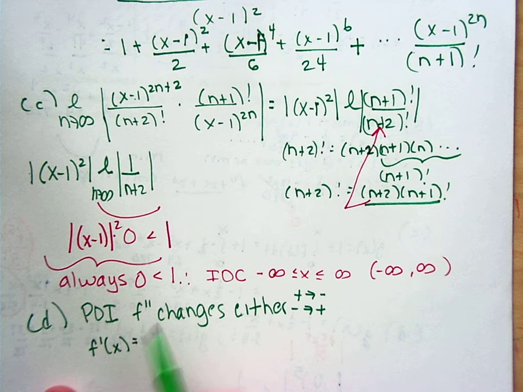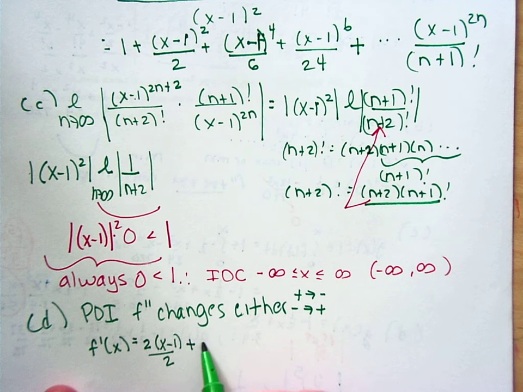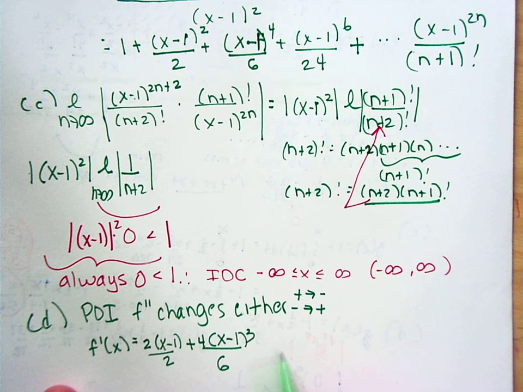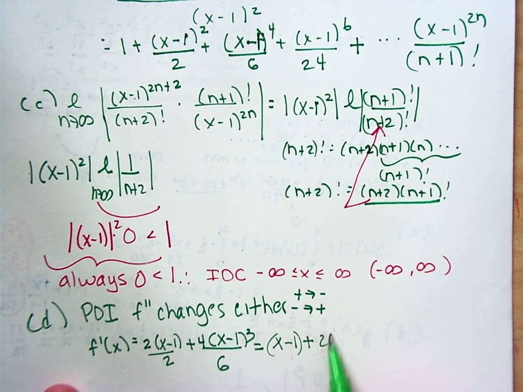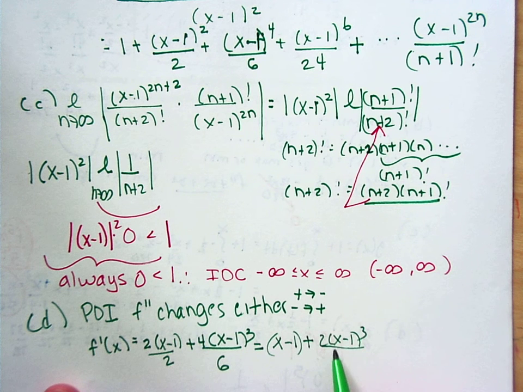f prime of x is going to be 2 times (x minus 1) over 2 plus 4 times (x minus 1) cubed over 6, which when we simplify will be (x minus 1) plus 2(x minus 1) cubed over 3.